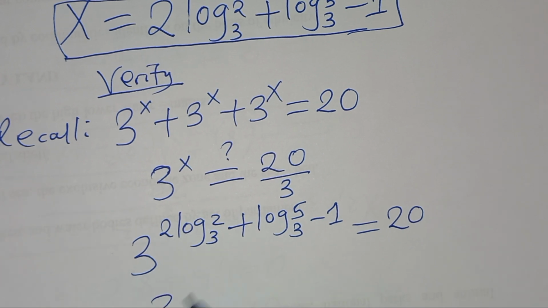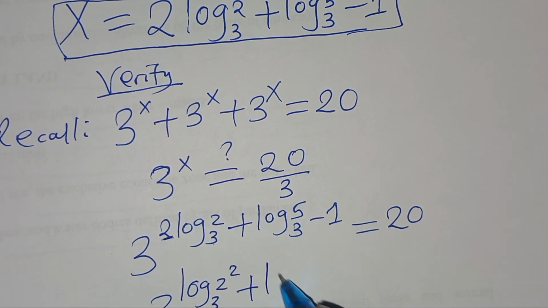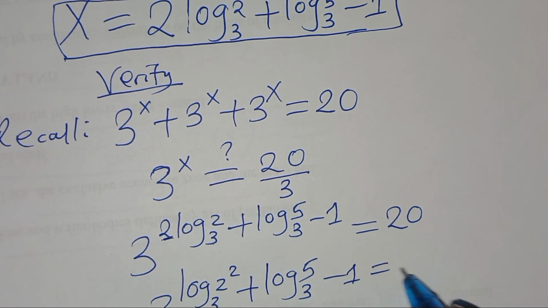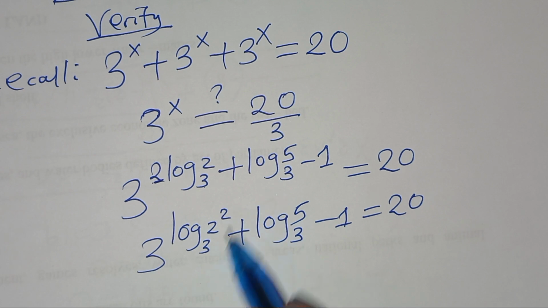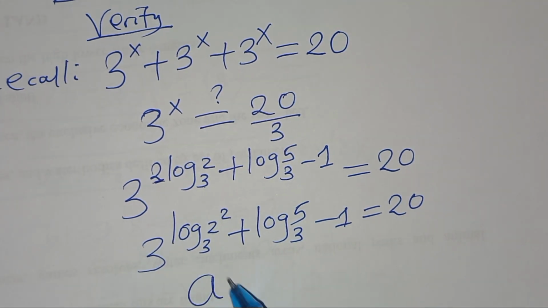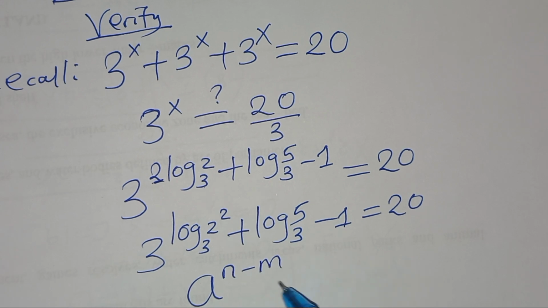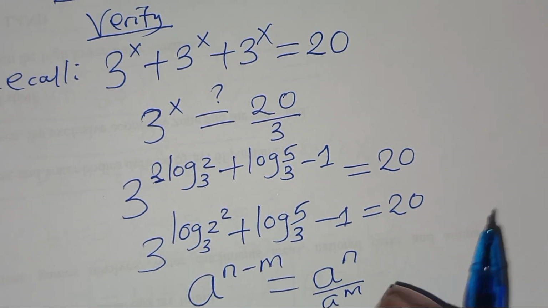So we can express 3 to the power 2 log 2 to base 3. 2 is a power, so this is 3 raised to the power log 2 to the power 2 to base 3. Then plus log 5 to base 3, subtract 1. This is equal to 20. So 3 to the power log 2 squared to base 3 plus log 5 to base 3, subtract 1. This is in the form of a to the power n minus m, which we can express as a to the power n divided by a to the power m.